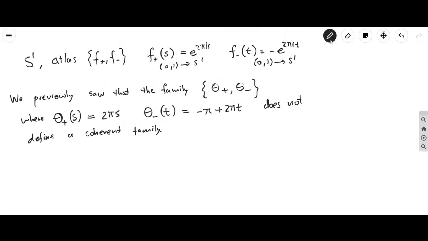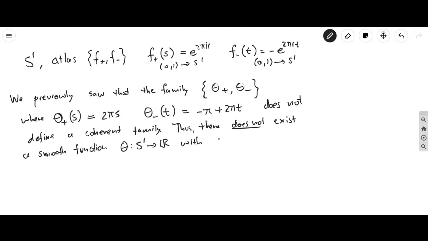So this was the example that we did very carefully. And thus, there does not exist a smooth function, or in fact any function, not just smooth, let's call it theta, with theta in the positive chart being equal to theta plus, and theta in the negative chart being the other one in the family.